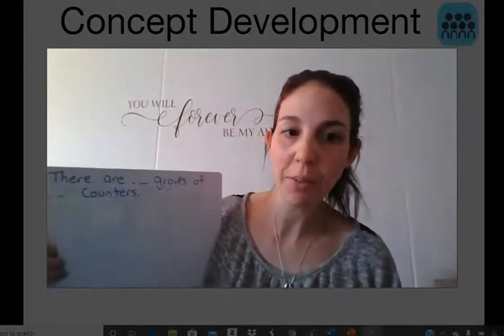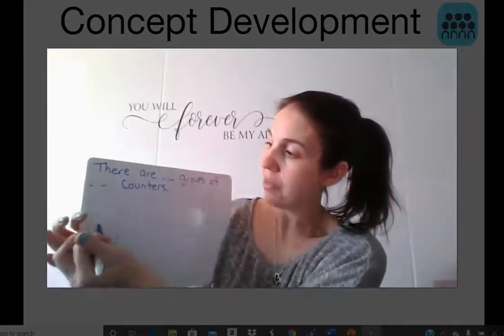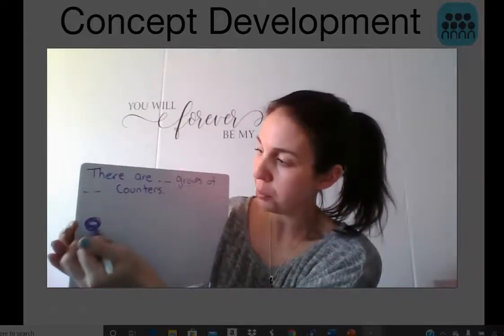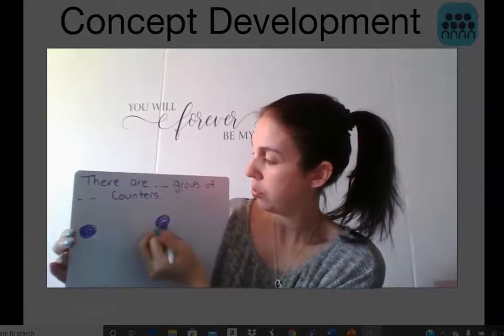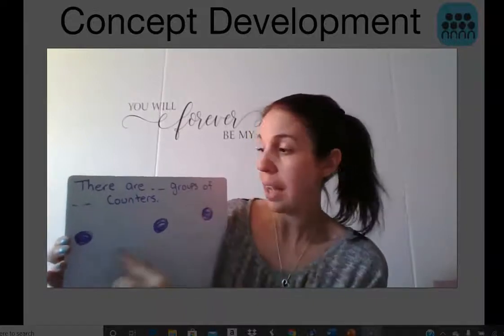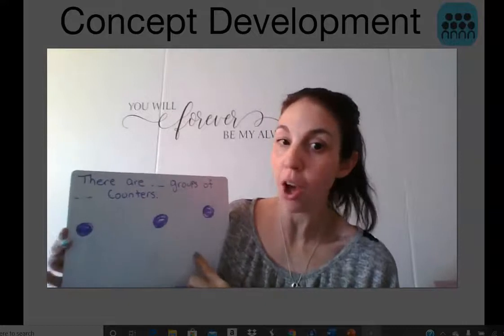So one way that I would do this, because I don't know how much to put in each group, is I would say, okay, here's 1 group, 2, 3. So now I know I'm going to have 3 groups, and I'm going to count until I use all of my counters.